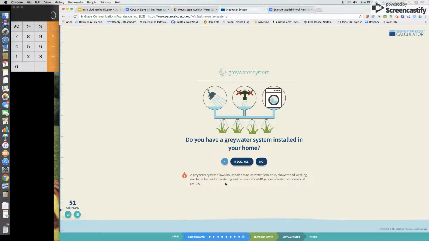In other words, it collects the water that we have used as waste, but is still considerably clean, like the water that we bathe with, the water that we wash our hands or brush our teeth with, the water that we wash our clothes in. This water isn't capable of being reused for human consumption, but we can water the grass with it. We can wash our car and that kind of thing.